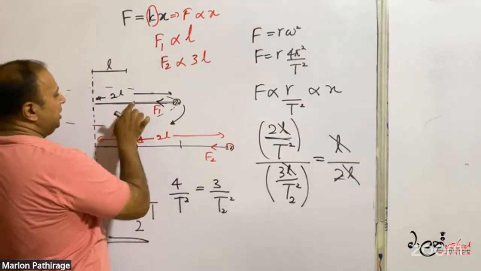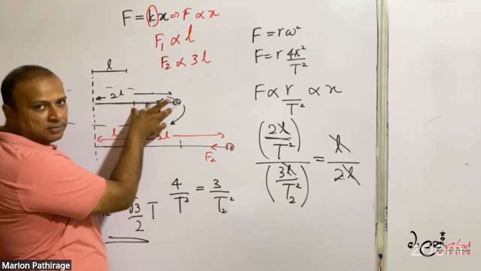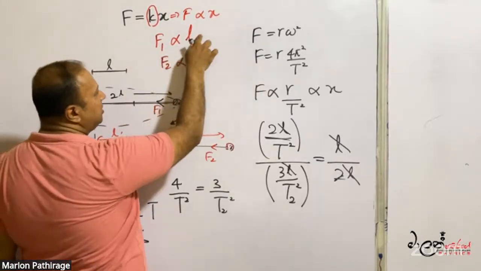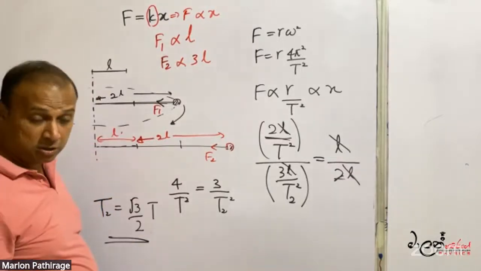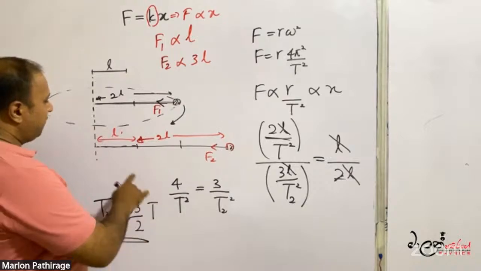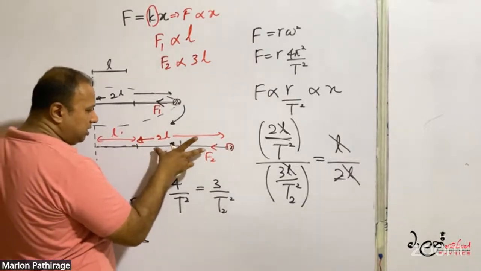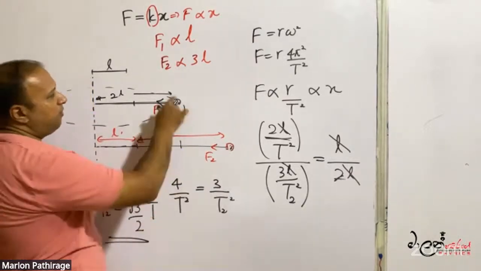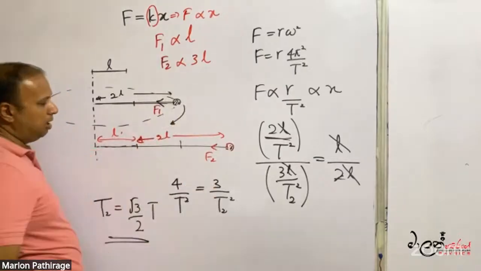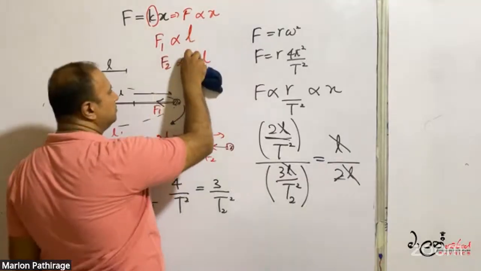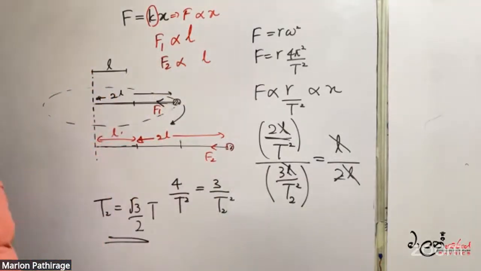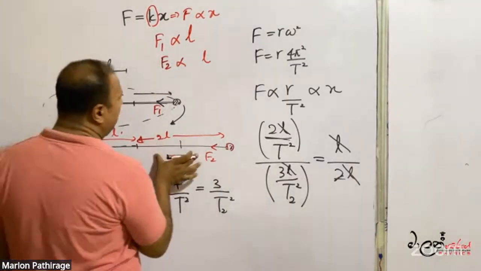So the initial elongation is L, therefore the initial force corresponds to L. The final elongation is 2L.